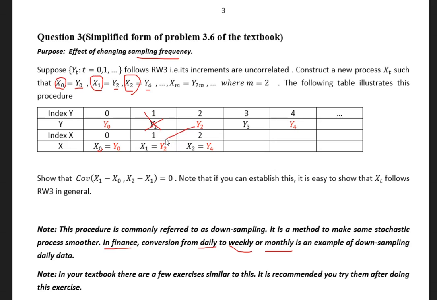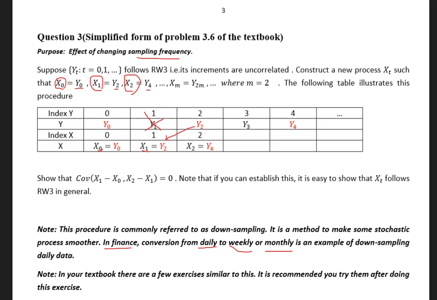We assign the next value to the second value of x, and so on and so forth. For example, if we have daily data, we just use the first of the week and end of the week data point to construct a new weekly process. Well, that is it about the problem statement.